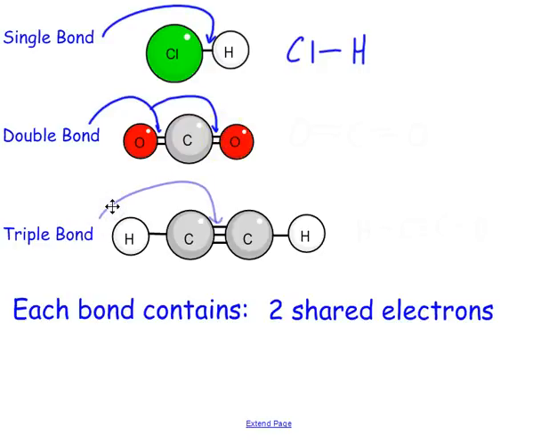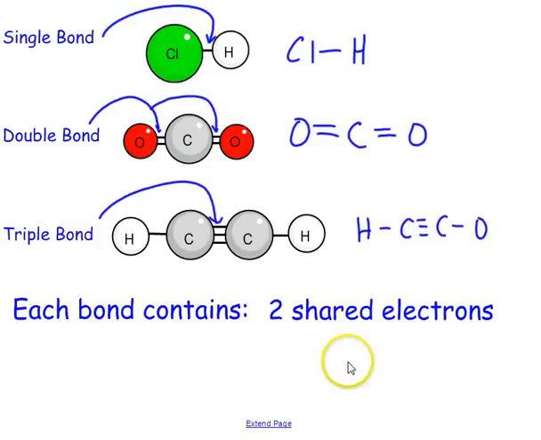Then we have what are called triple bonds, where each one of these lines represents a pair of shared electrons, but because those 3 pairs of shared electrons are being shared between 2 atoms, that is called a triple bond. We would rewrite these a little bit differently if you were just to write them out in terms of structural formulas.